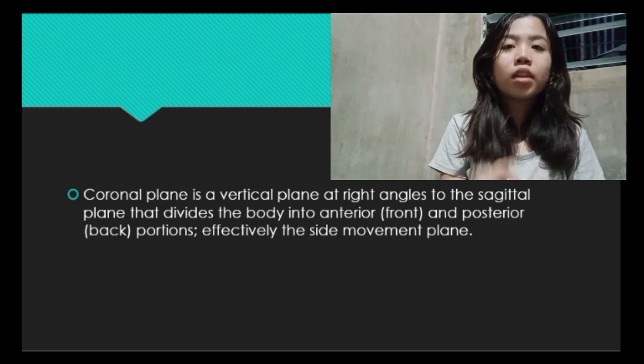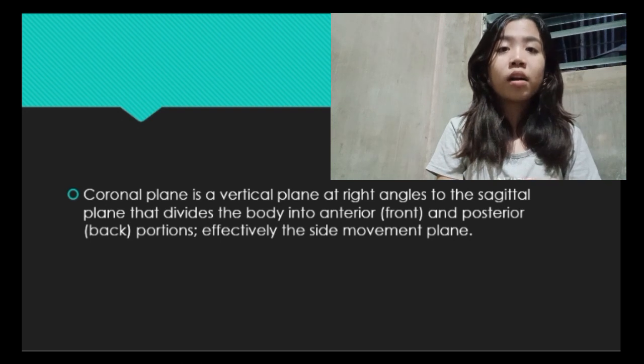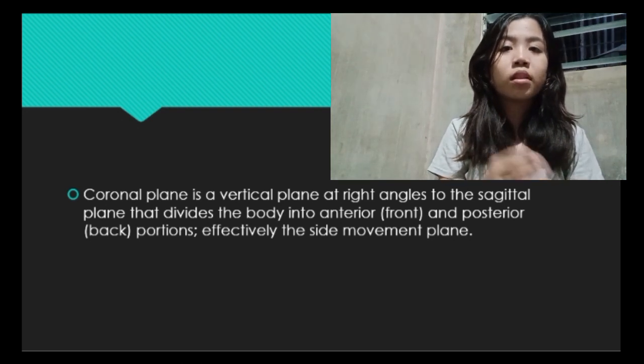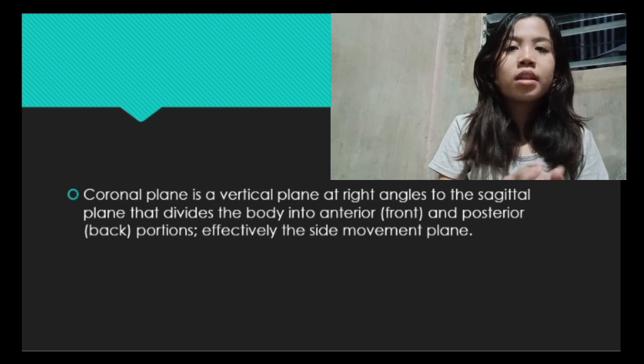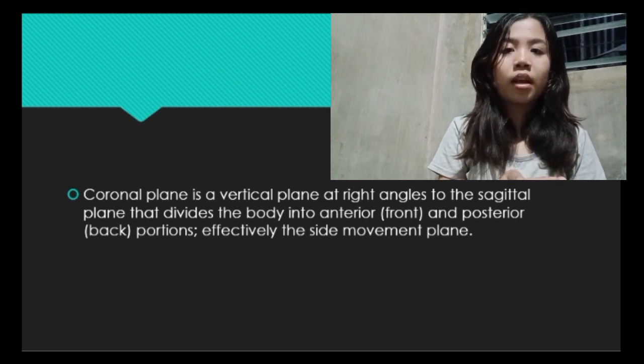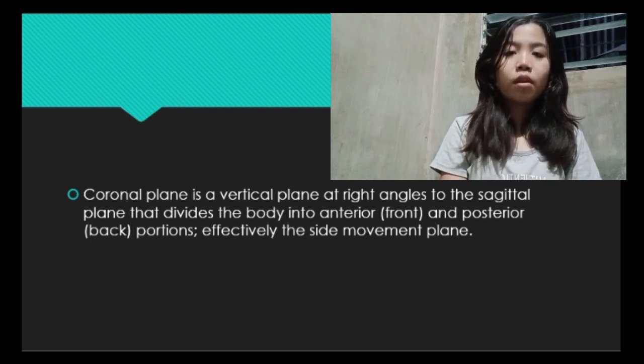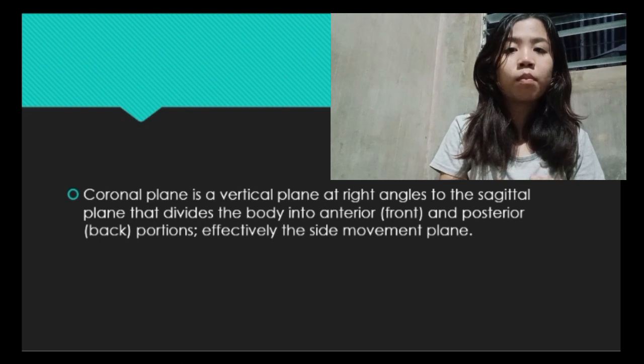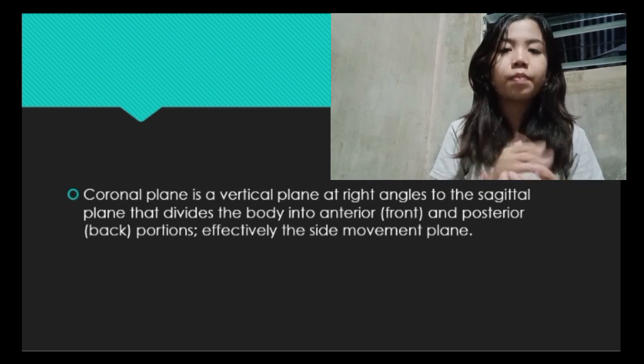Coronal plane is a vertical plane at right angles to the sagittal plane that divides the body into anterior or front and posterior or back portions, effectively the side movements plane. The coronal plane, or what we also call the frontal plane, is another important plane of our body.